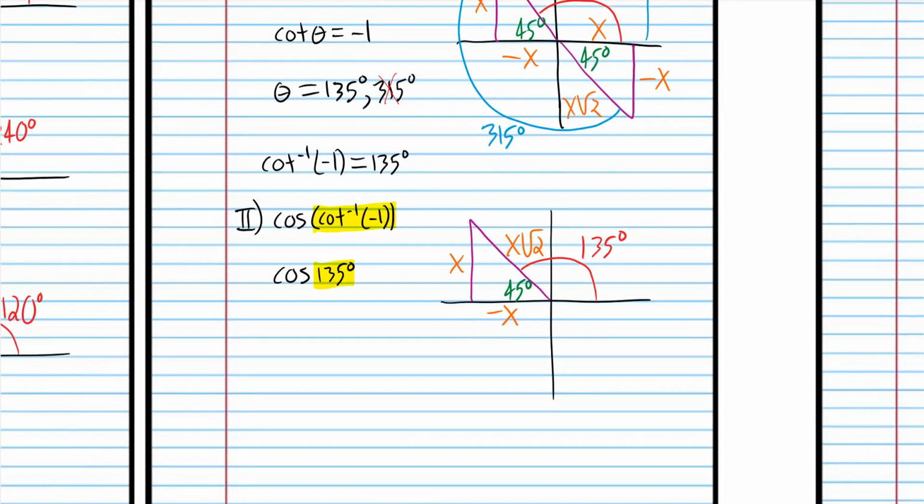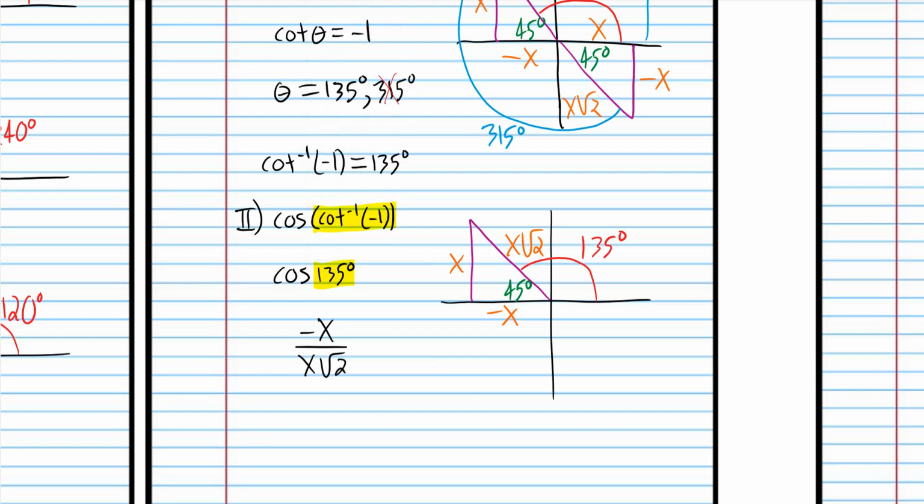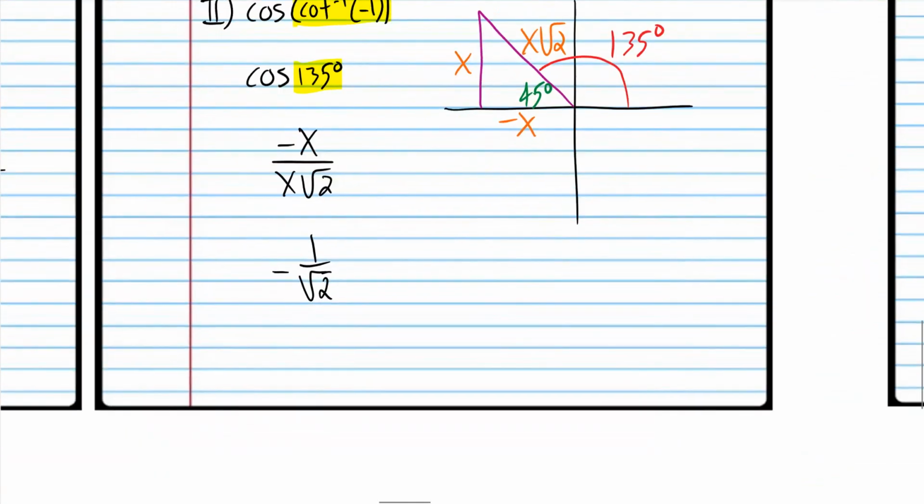Cosine is the adjacent side divided by the hypotenuse. The side adjacent to the reference angle divided by the hypotenuse. So the x's cancel out. We're left with negative 1 over root 2. And if we want to rationalize the denominator, we multiply both sides of the fraction by root 2. So there you go.